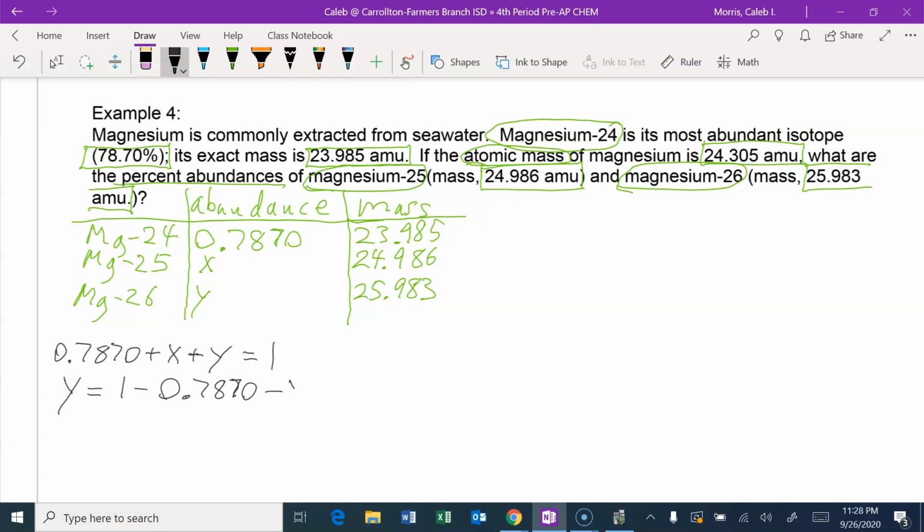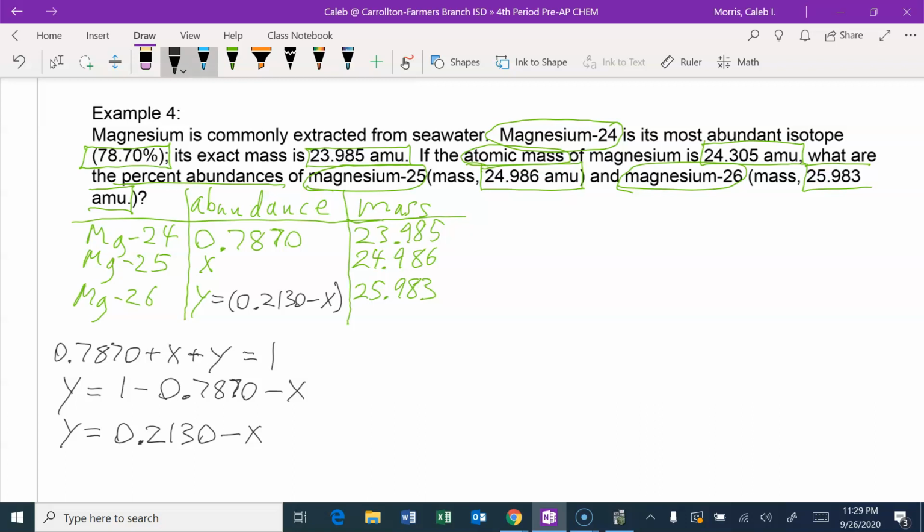And then I'm also going to say minus X. Well, I can't combine the X, but I can figure out what 1 minus 0.7870 is. Y equals 0.2130 minus X.